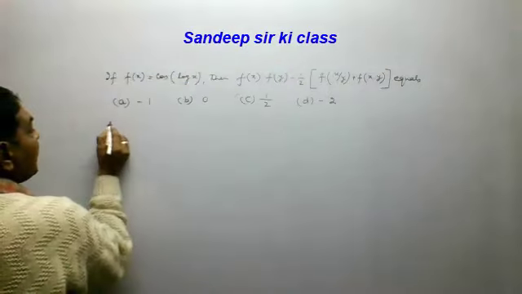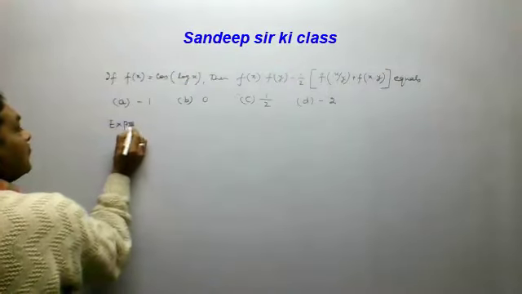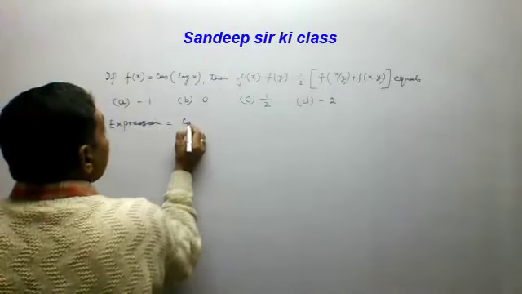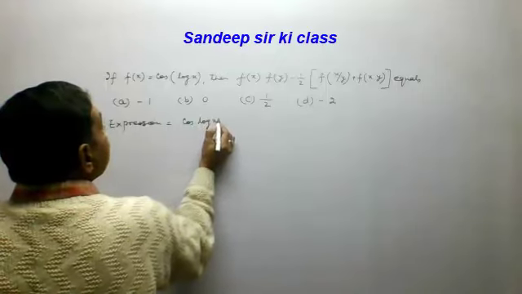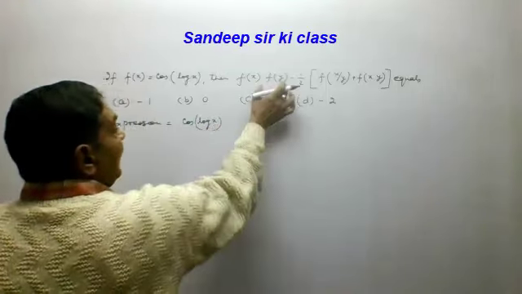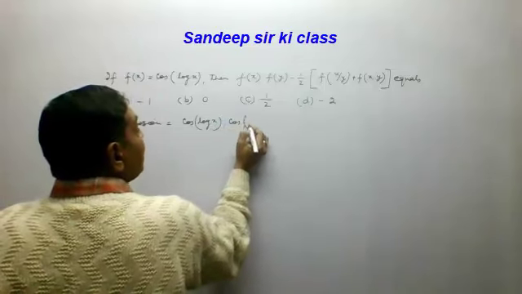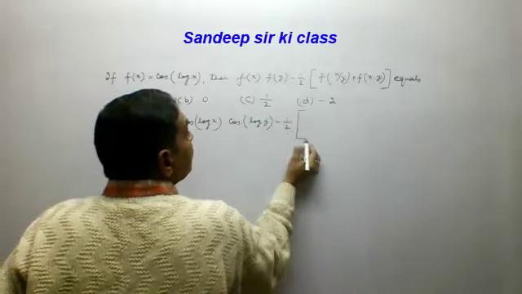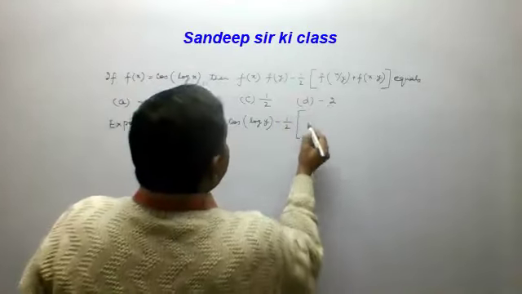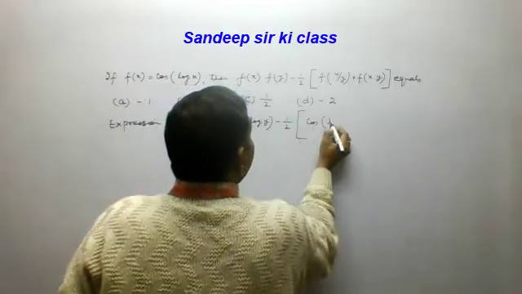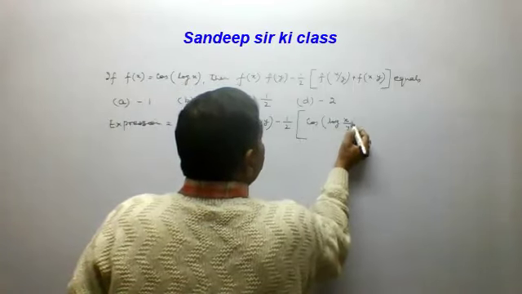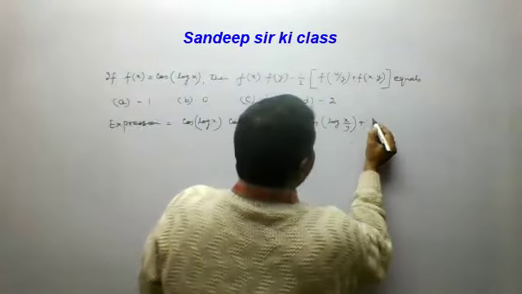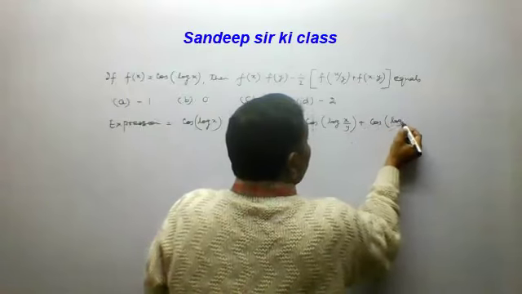So expression will become equal to f(x), that is cos log x, into f(y), that is cos log y, minus 1 upon 2 f(x upon y), that is cos log x upon y plus f(xy), that is cos log x into y.